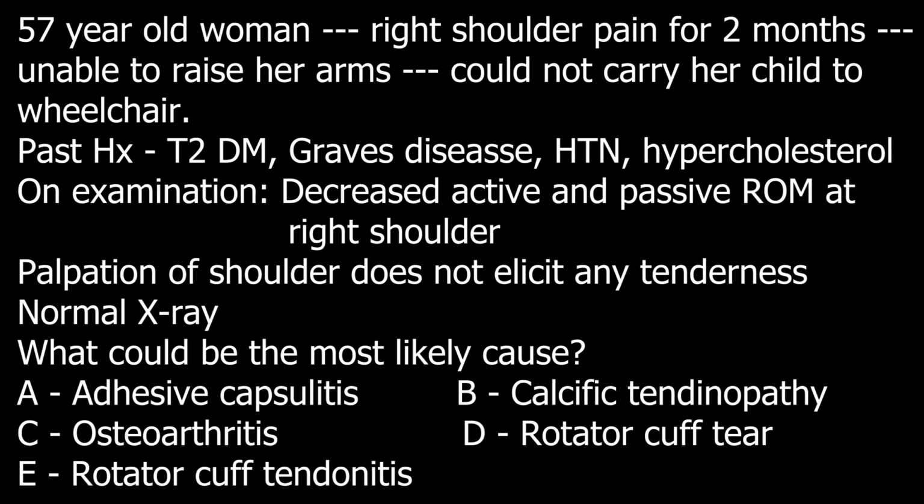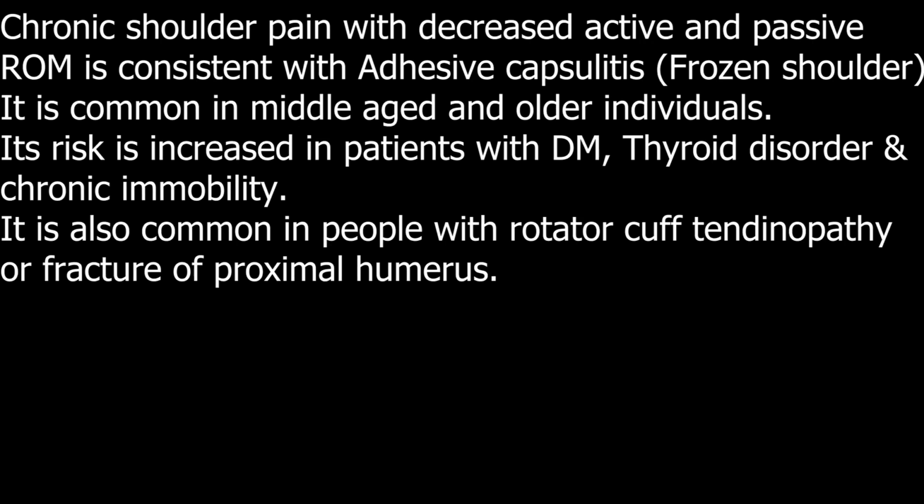But our patient does not have any kind of fracture, and the clinical vignette does not suggest rotator cuff tendinopathy because the range of motion is affected in both active and passive movement, whereas in rotator cuff tendinopathy, passive range of motion is usually not affected. Patients with adhesive capsulitis typically report gradual onset shoulder stiffness that limits their ability to flex, abduct, or rotate the humerus.